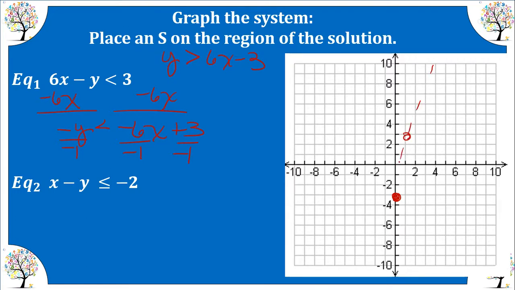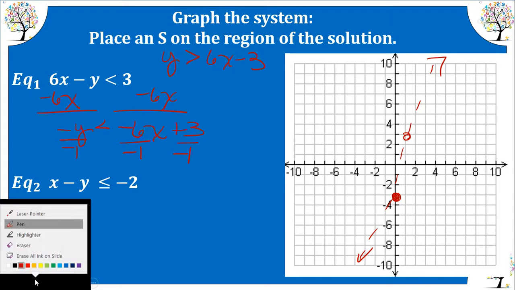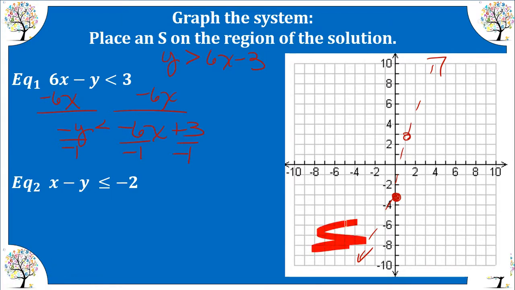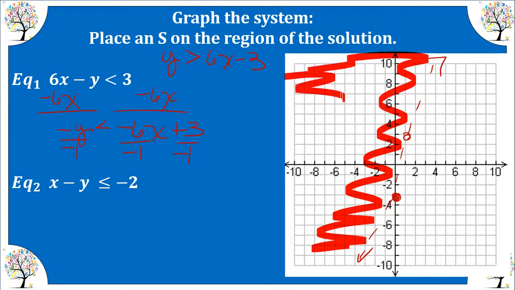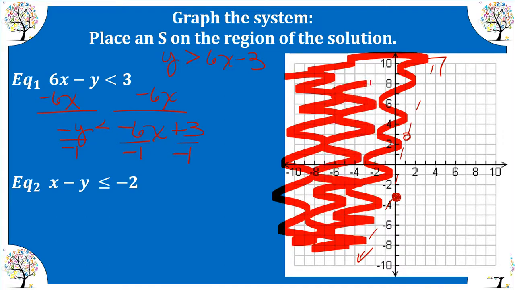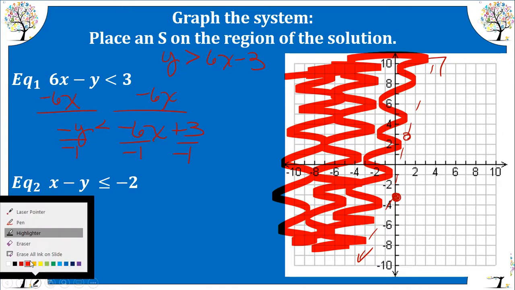This is going to be open, and we are going to shade above. All of these ordered pairs, as the coordinate plane continues forever, are my solutions for the first equation.